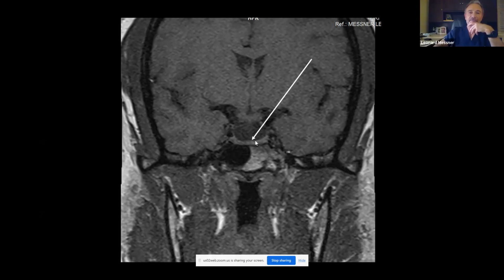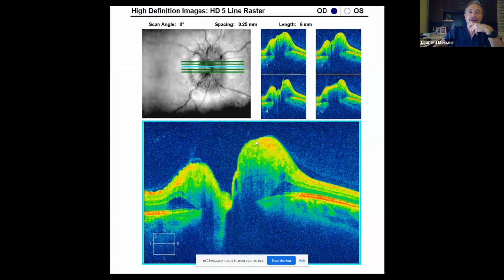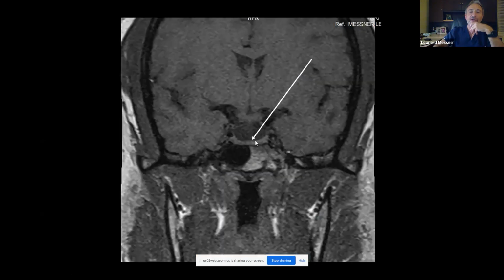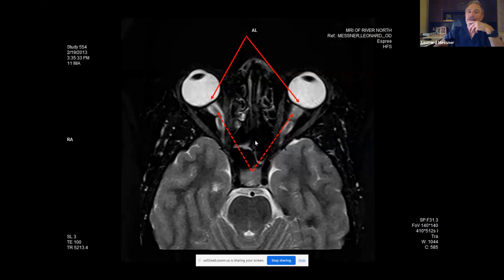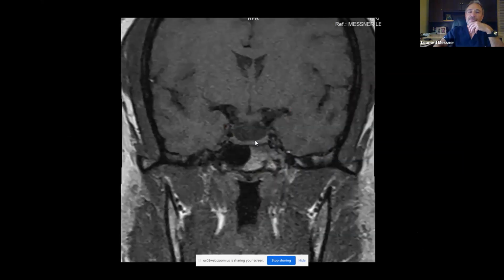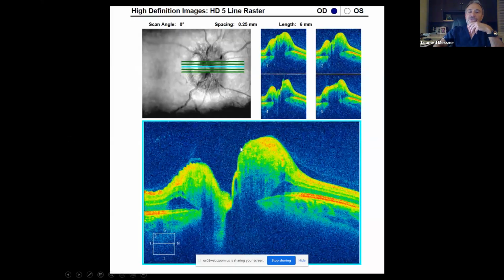Okay, perfect. Now, this is the equivalent of this flattening of the posterior eye wall that we see with MRI. And that is the optic disc is elevated. We see that there are these peripapillary wrinkles here on the temporal side of the optic nerve.